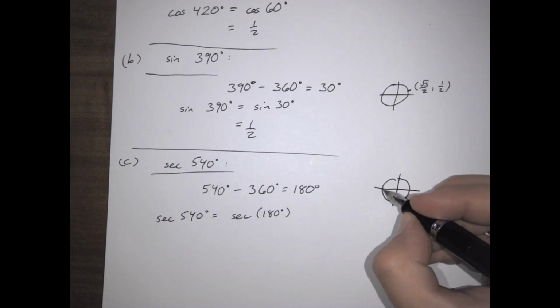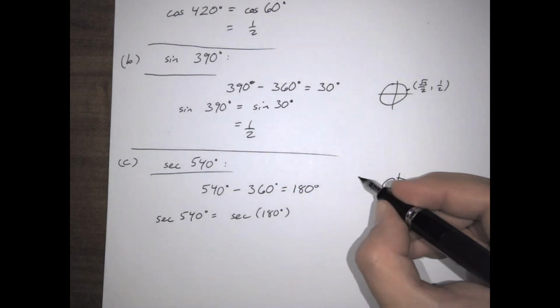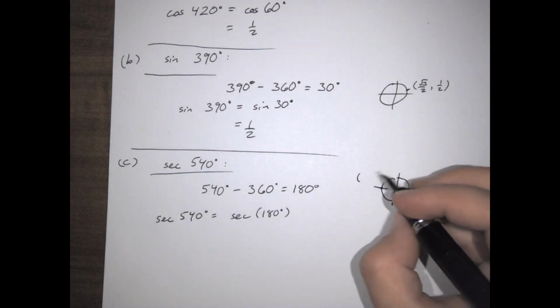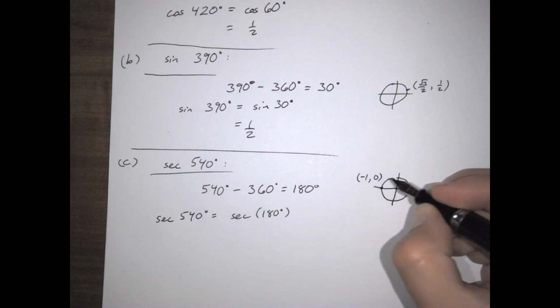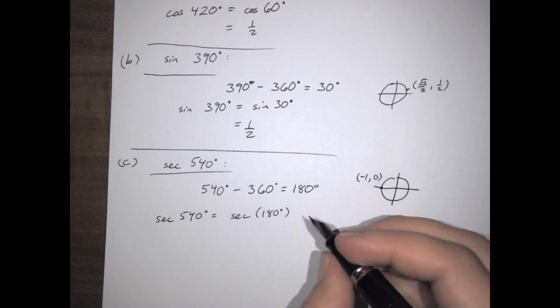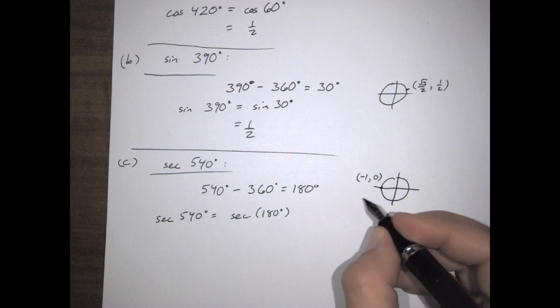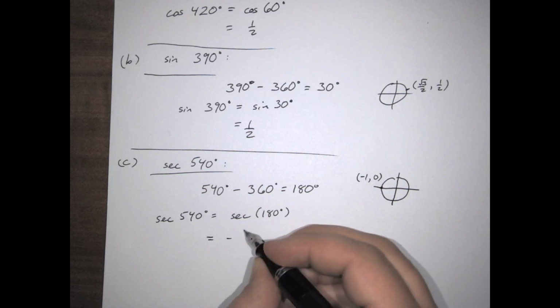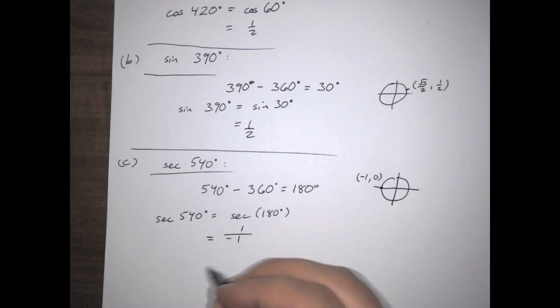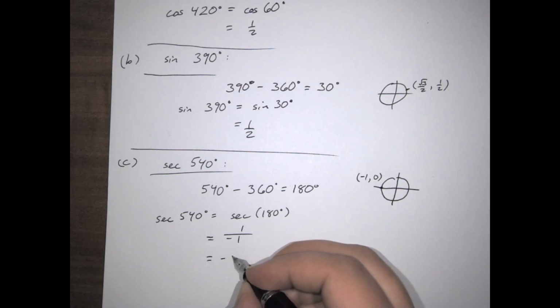Well, 180 degrees would be over here on the unit circle, so that's -1 for the x and 0 for the y. And so the secant is equal to 1 over -1, which is just -1.